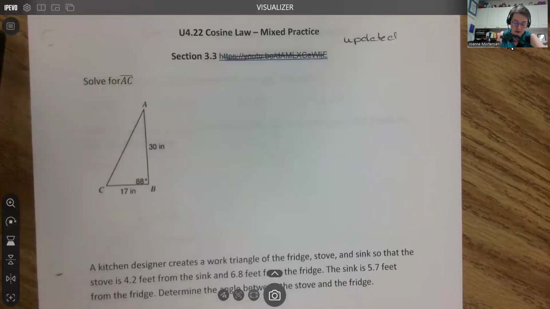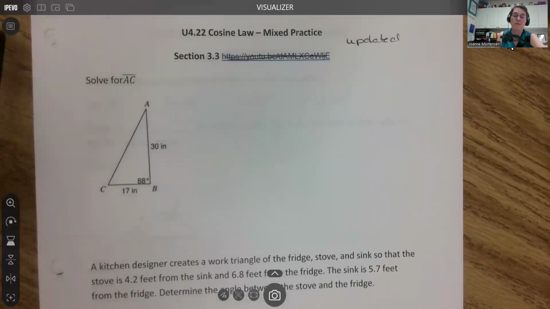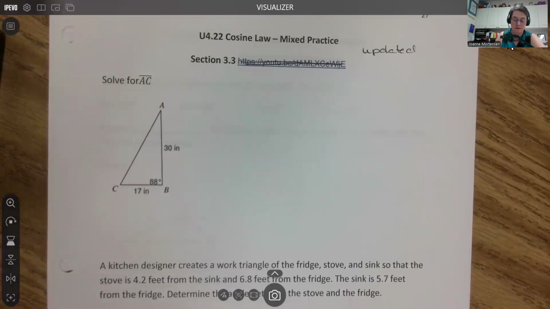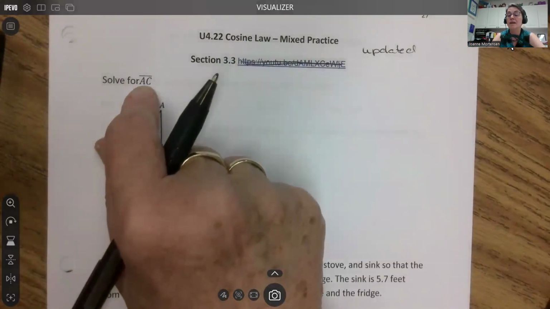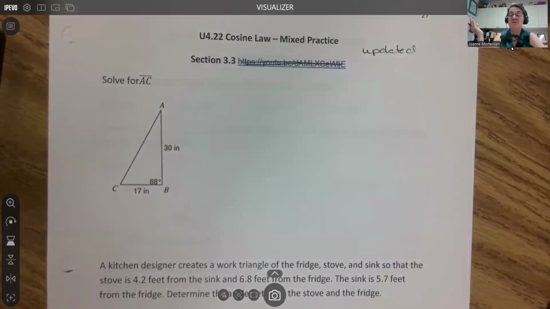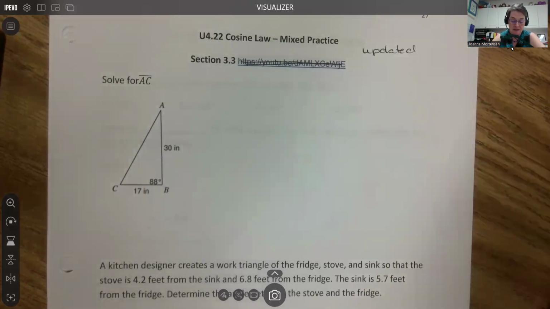Okay, so I'm getting all fancy on you. Solve for AC. I don't usually use this, but it's cool. It's just geometry speak. Mathematicians are big on symbols.